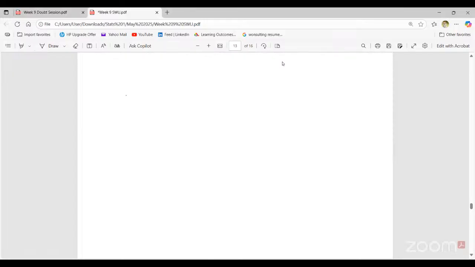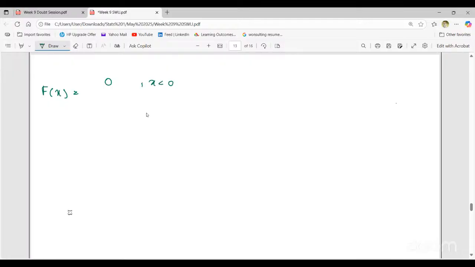Yes, ma'am. Okay. So the question is, you have been given the F of x. What is F of x? For x less than 0 it is 0. Then I have 0.15 for x less than 1.